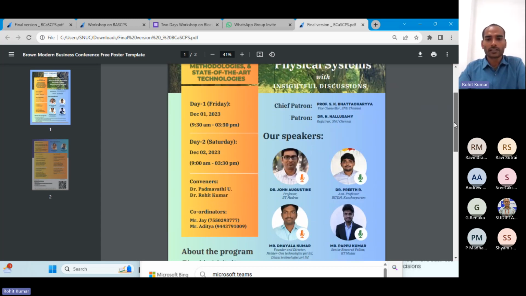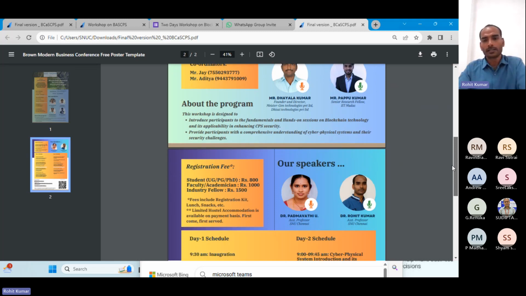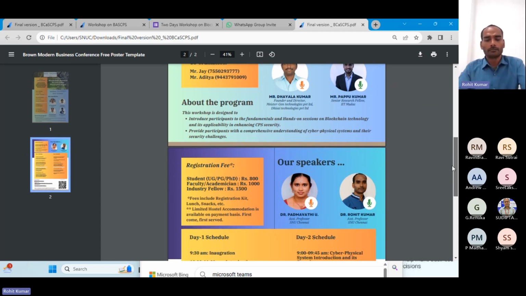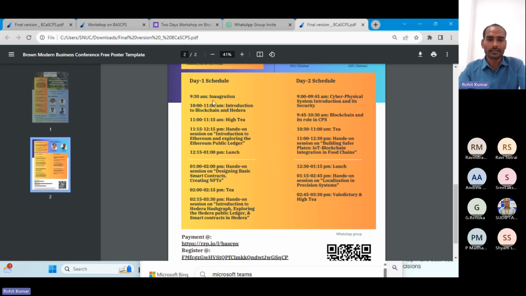Then we have some speakers from IIT Madras, IIIT Kanchipuram, etc. And we have some industry people also. Then two of us are from SNU Chennai only. So we are going to deal with some related topics, like blockchain and Hedera. Then Hedera, Ethereum, ledgers, NFTs, all these are blockchain key terms.